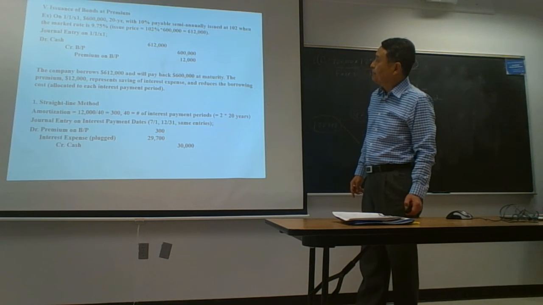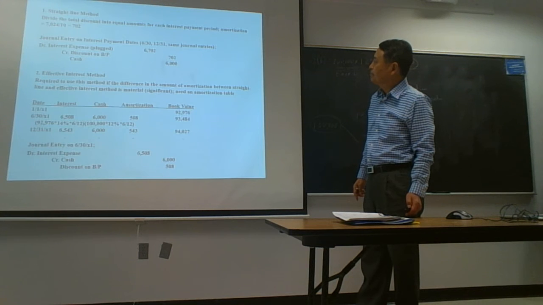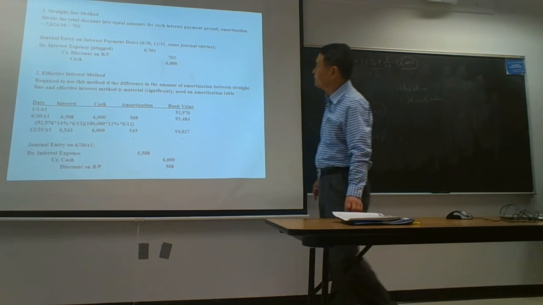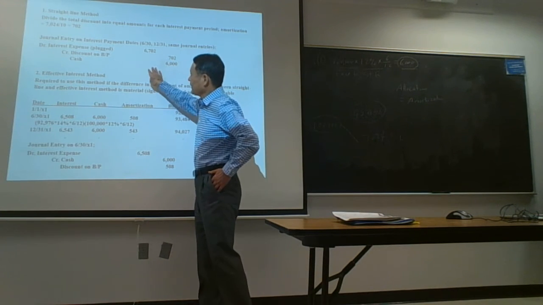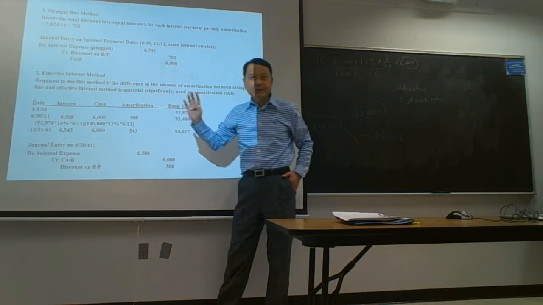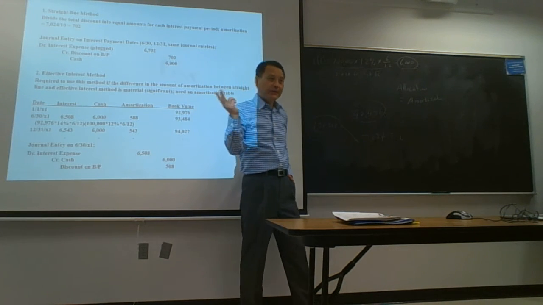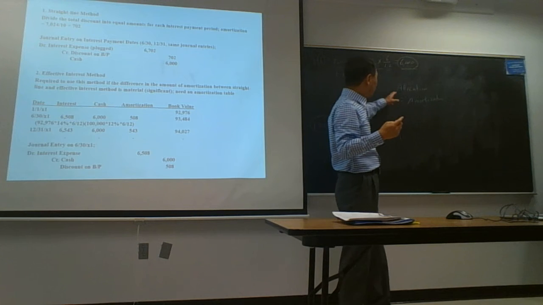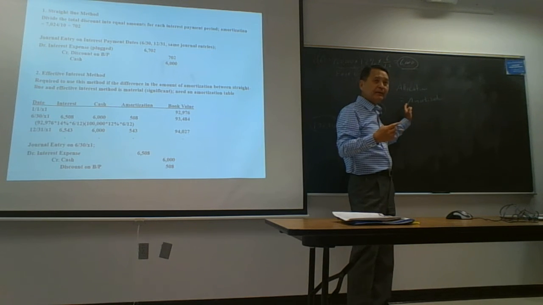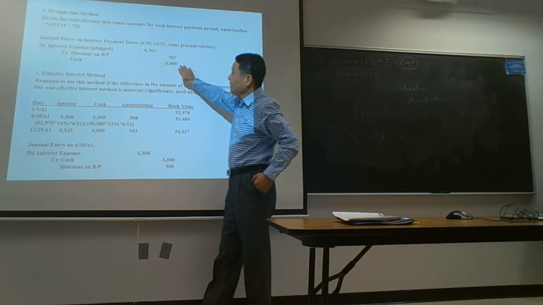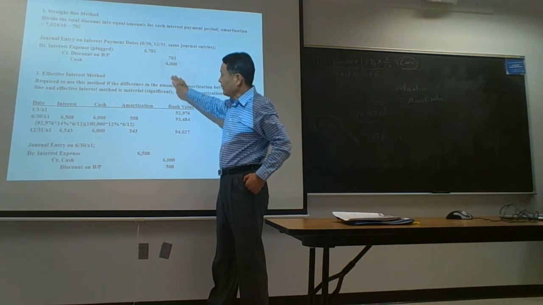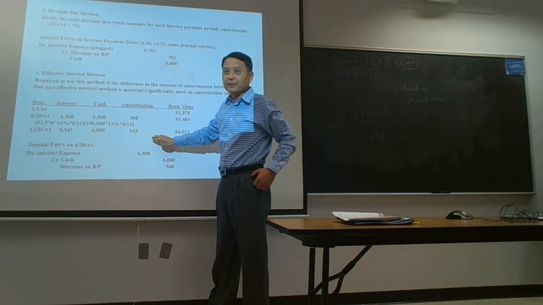So we have two different accounting methods for allocation or amortization: equally under straight line, unequally under effective interest.